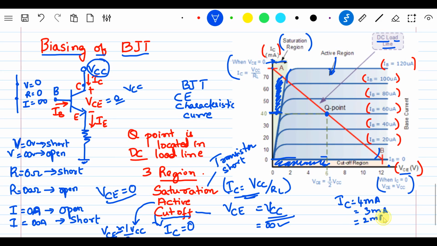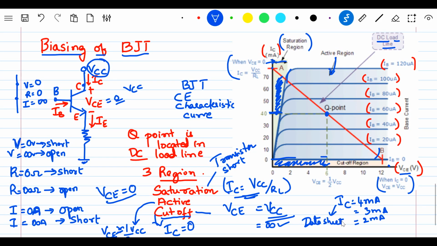Because IC will be mentioned in the data sheet of any transistor that you are going to use. There you will be able to see all these values for that particular transistor which it is designed for. So these are the three major regions in which the transistor is going to operate, with different operations for different regions.